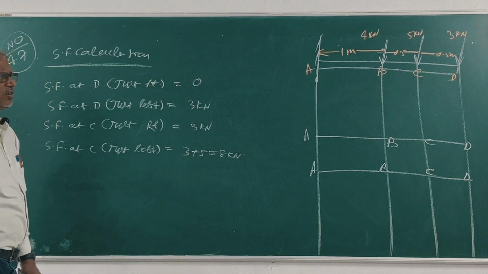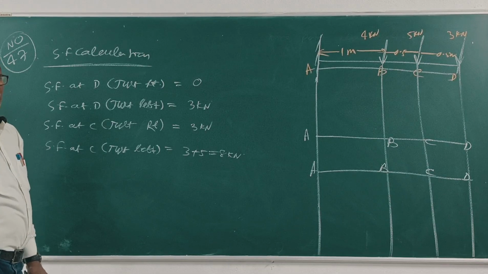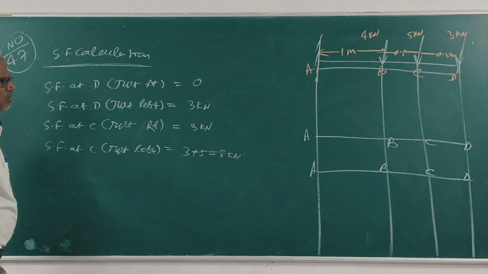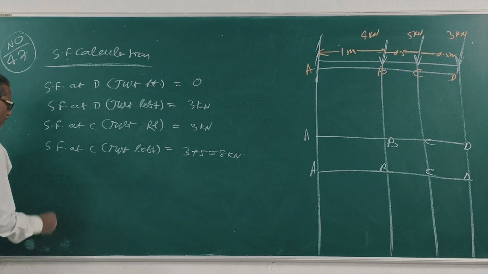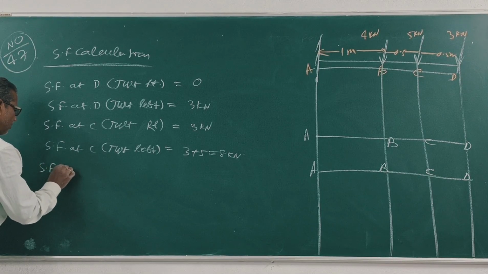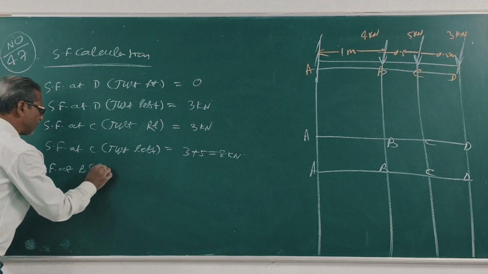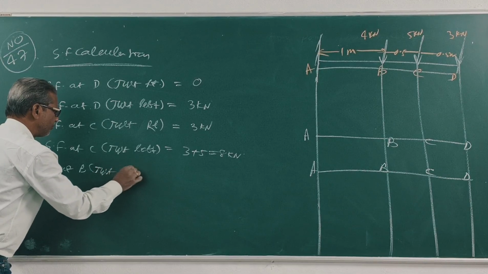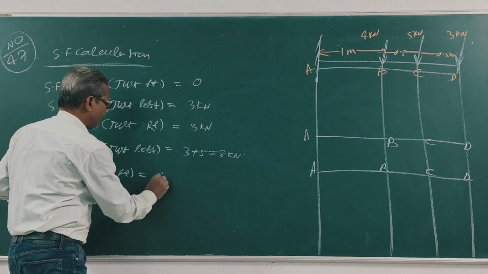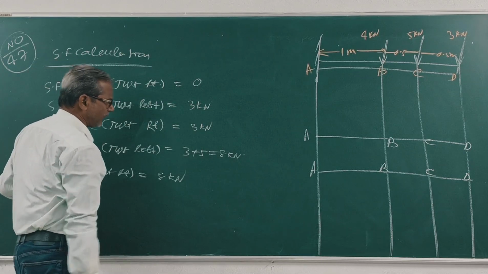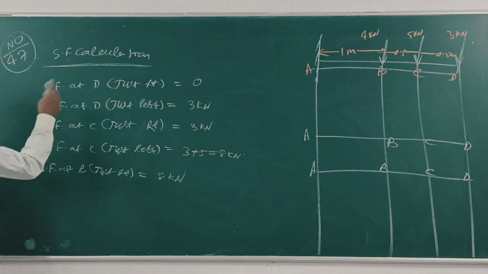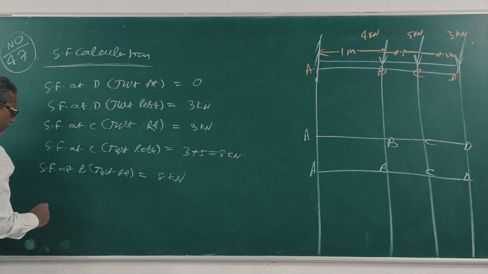Now C left and B right are the same, as there is no load. Shear force at B just right is 8 kilonewton. At B 4 kilonewton is given, so that will be calculated for just left.